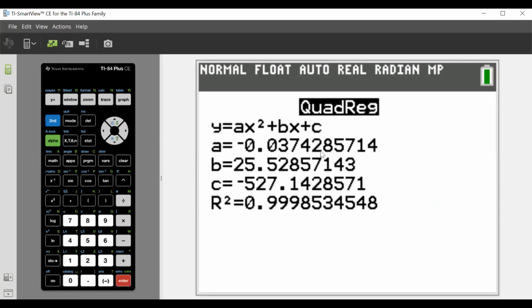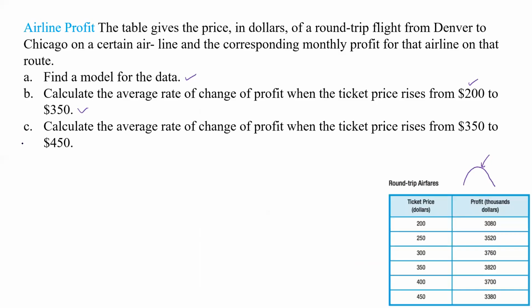So let's write that down so I can put it on the other side. So let's go ahead and write it over here. So my model, A, it's quadratic, and the model is, let's say, P of T for profit for ticket price.